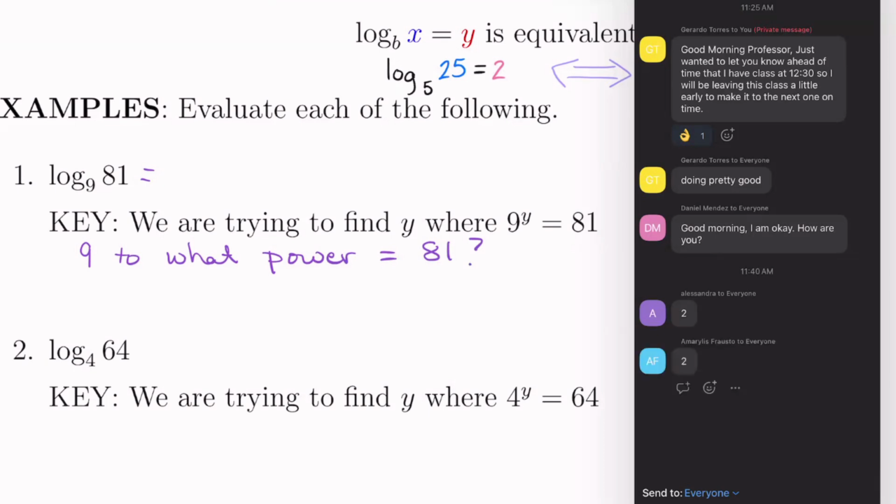Two. Okay, great. 9 squared equals 81, which means log base 9 of 81 equals 2.